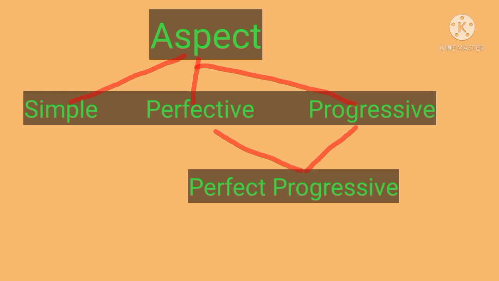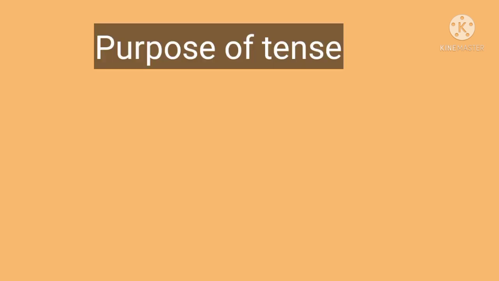With the perfective aspect, we see a period leading up to a known time in the present or past. With the progressive aspect, we see an ongoing event at a known present or past time. The purpose of tense is to express the time at which an action or state occurs. Accordingly, we have actions referring to the present time, the past time, and the future time.